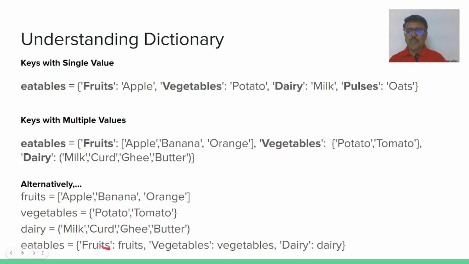Typically, this method will always be preferred so that your code looks simple and is easily readable. Otherwise a developer will get confused: what is it that we are writing? So you are just creating individual variables and putting them inside. It will be easier for you, right? I hope it is clear to you what keys with a single value and keys with multiple values are, right? Okay.